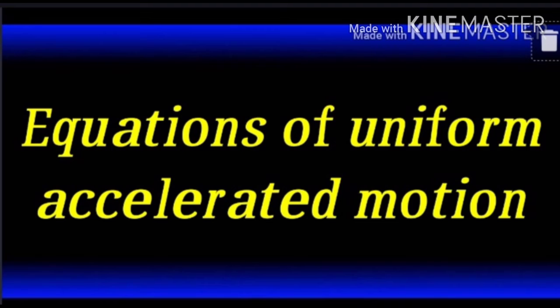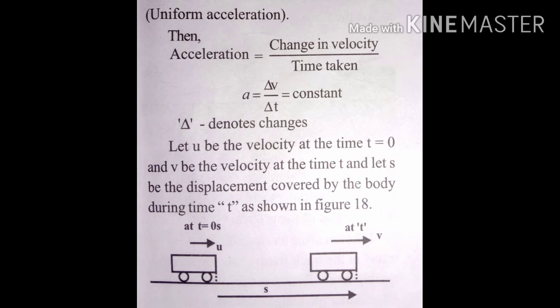Next, equations of uniformly accelerated motion. This is the motion of an object along a straight line with constant acceleration. The uniform acceleration formula is: acceleration equals change in velocity divided by time taken.